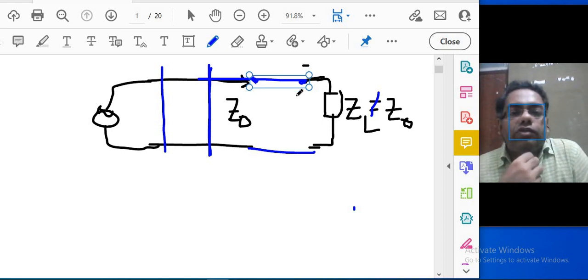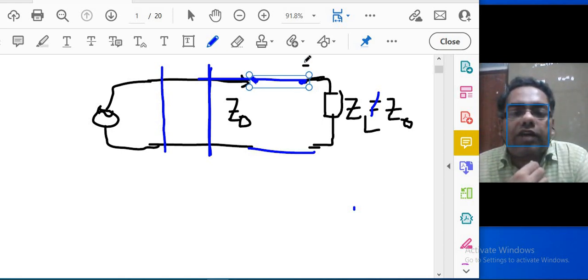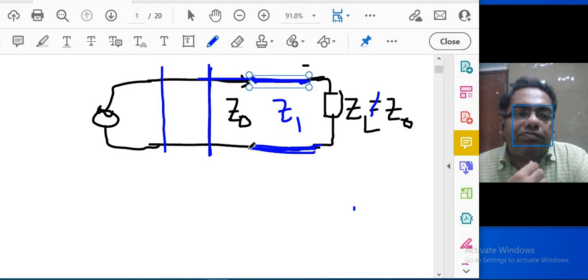Now this transmission line that I have connected in between is different from the main transmission line. The main transmission line has characteristic impedance Z0 and this line has characteristic impedance Z1.